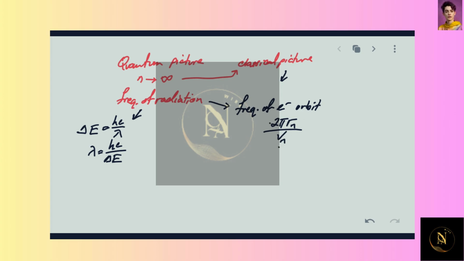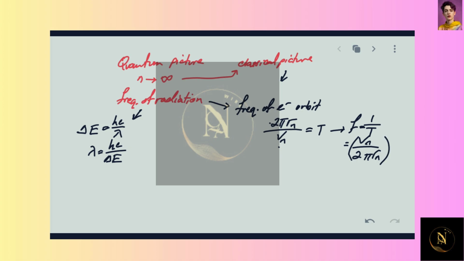This is the circumference divided by the velocity, which will give us the period, and therefore the frequency is just 1 over the period, just Vn over 2 pi Rn.